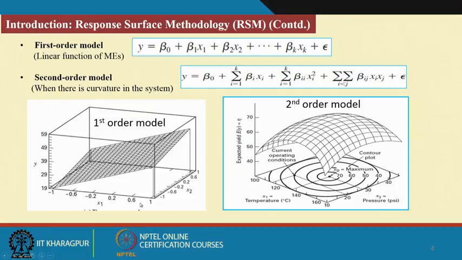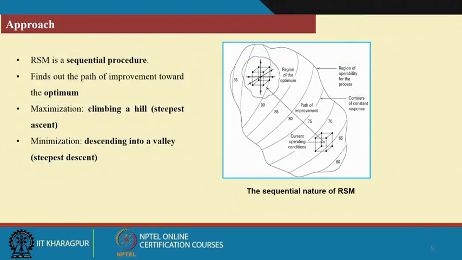So response surface methodology will help you in finding this surface, and also helps you in identifying the optimum zone of operations. Okay. So now let us discuss what is the approach adopted in response surface.